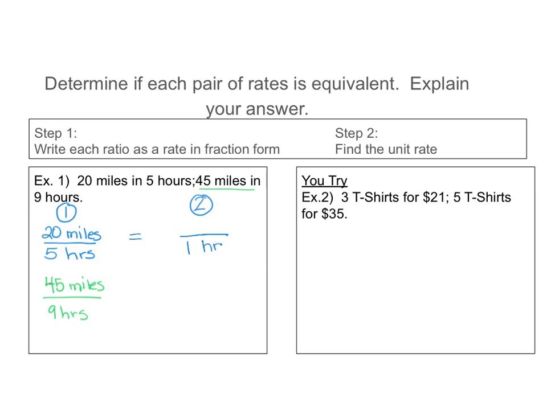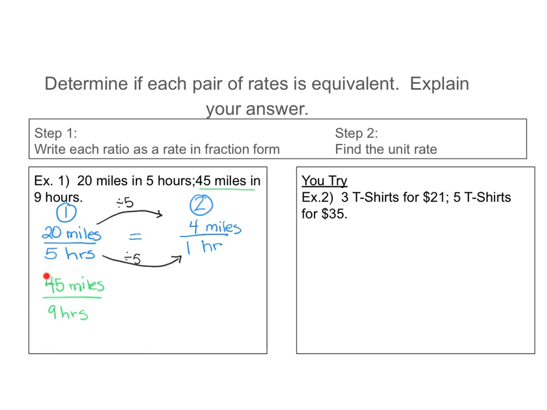So how do I get from 5 hours to 1 hour? Are we going to multiply or are we going to divide? We're going to divide by 5. So if we divide by 5 on the bottom, what do you have to do on the top? Divide by 5. So what is 20 divided by 5? That's 4. And then we need to put our units, which is miles.